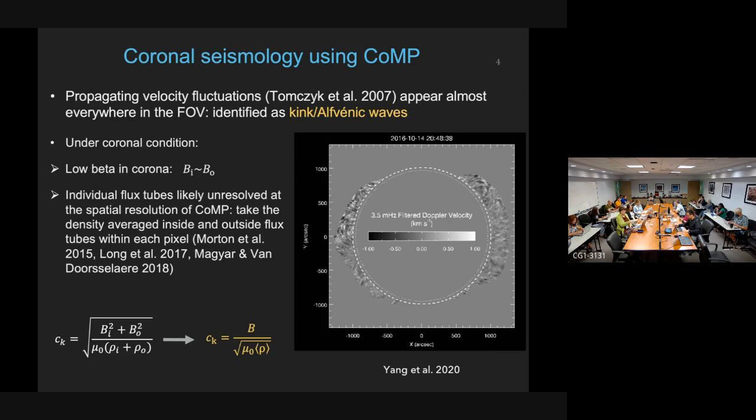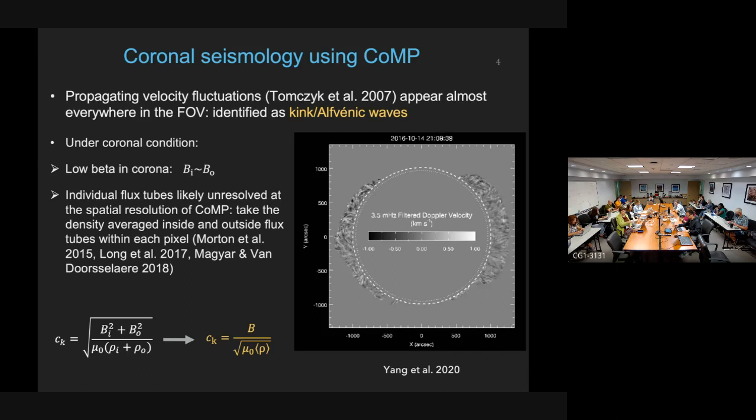And because of the spatial resolution of the instrument, for both CoMP and UCoMP, it is not likely that we can resolve a single flux tube. So under this kind of condition, the density we derive from CoMP or UCoMP observations can be regarded as an average value inside and outside of the flux tube. In this case, we can simplify the original phase speed of kink waves to the right one.